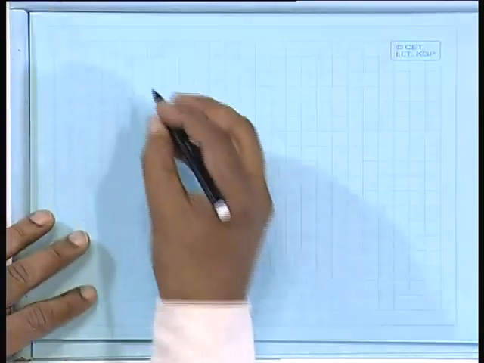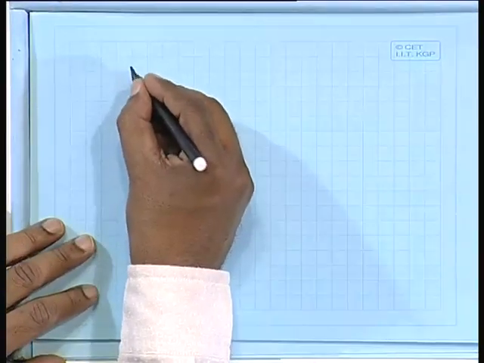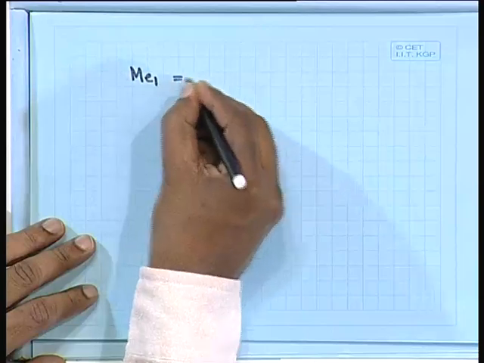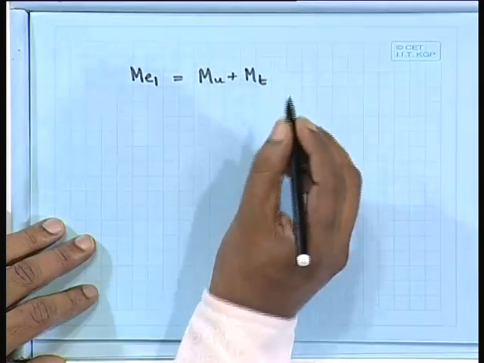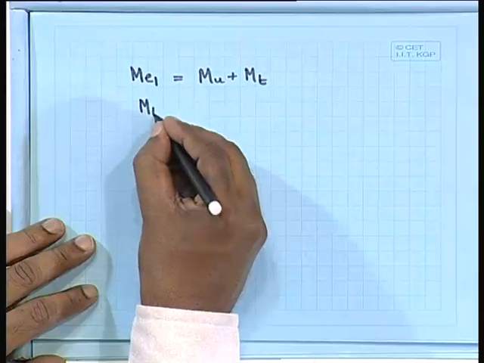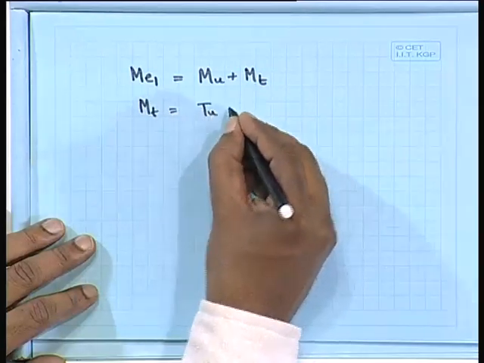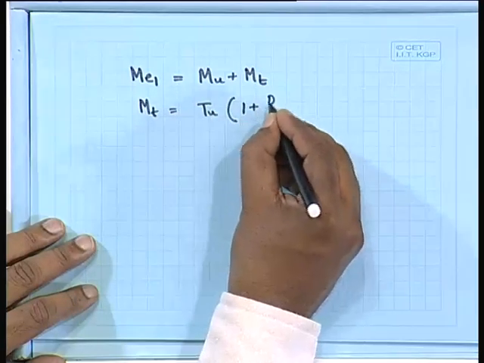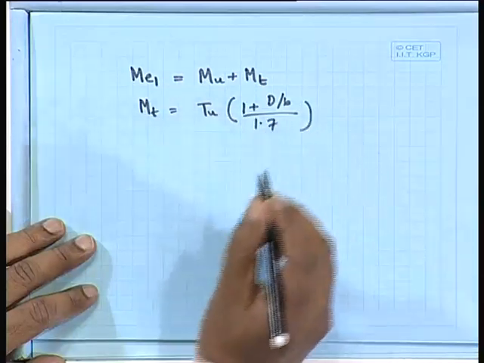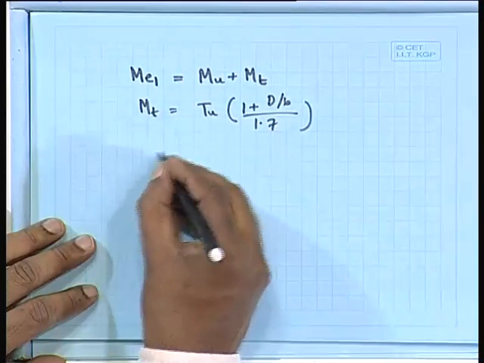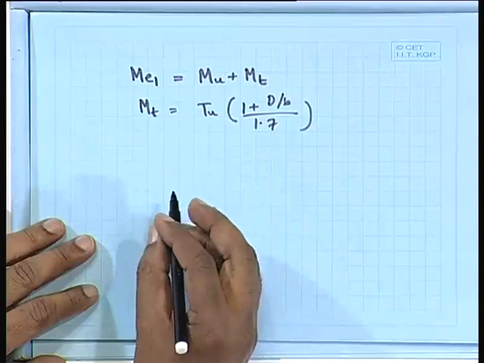So let us say I have told Mu1 equals Mu plus Mt, where Mt equals Tu times (1 plus D by B) divided by 1.7, and this is one case.